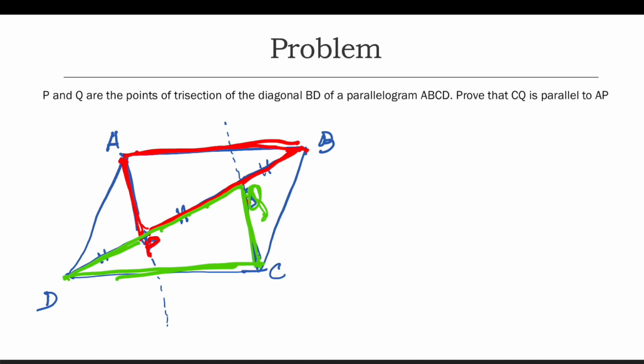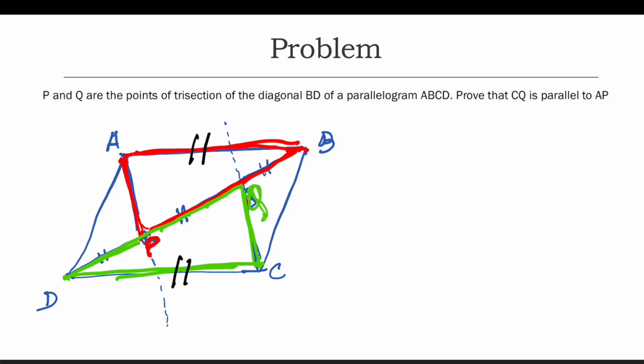First thing, I know AB is equal to DC. That we can say for sure. AB and DC are equal because they are opposite sides of a parallelogram. So that much we can say for sure.